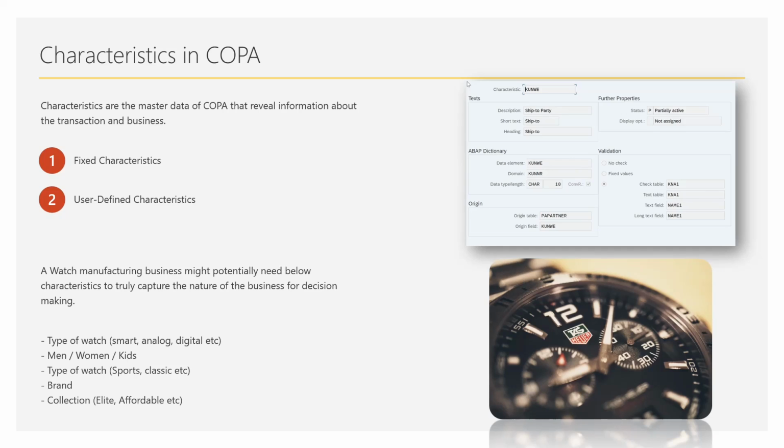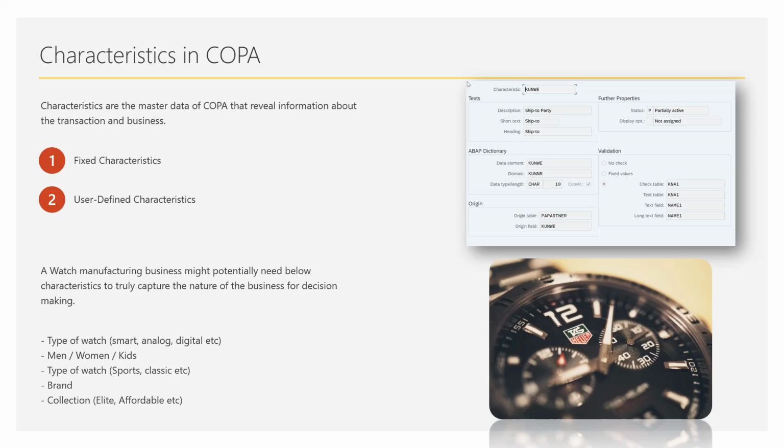Now, the most important and critical part is what value or field should be defined as a characteristic in the operating concern. Defining the right characteristic is most important because we are going to generate all the reporting based on these characteristics only.